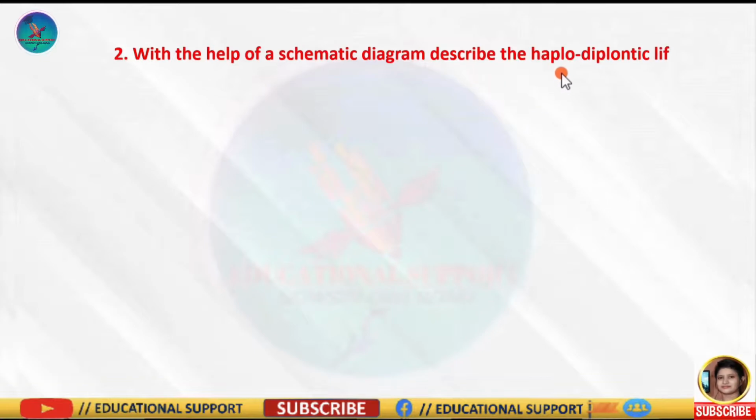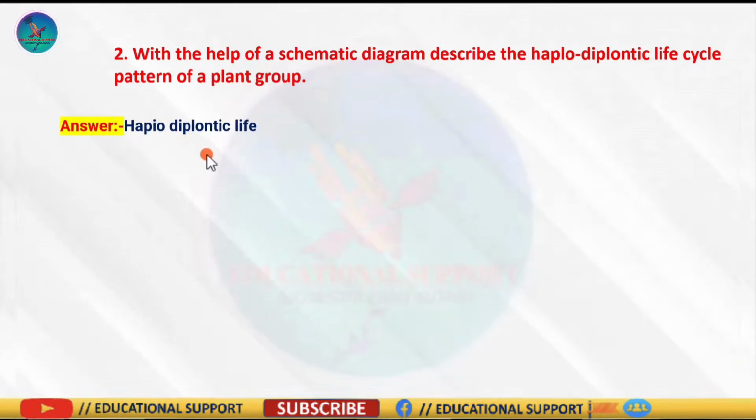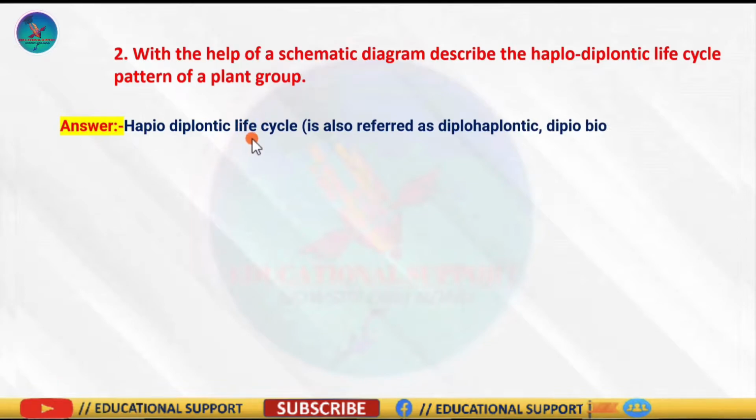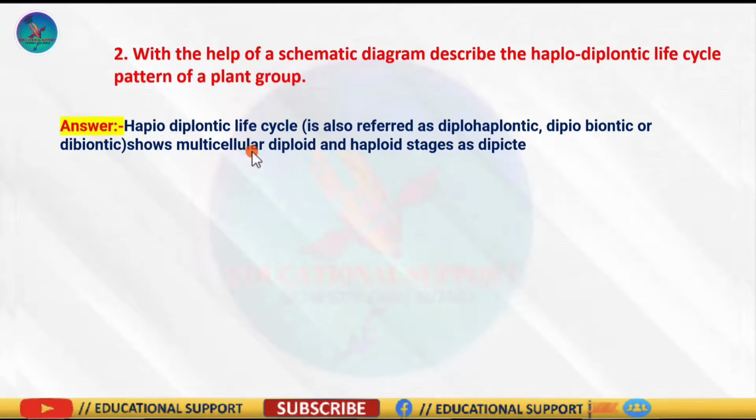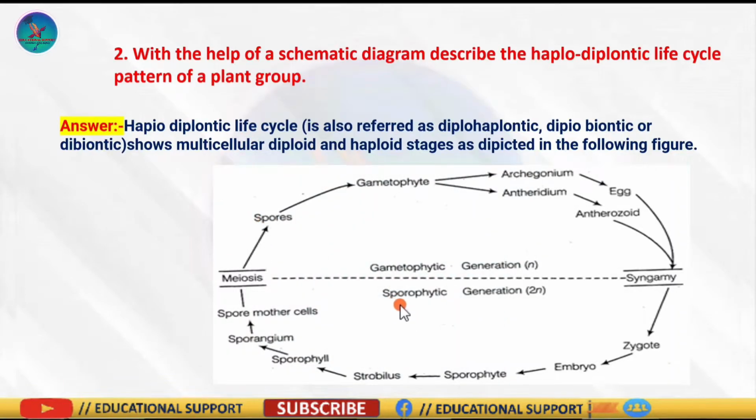Question number 2: with the help of a schematic diagram, describe the haplodiploidic life cycle pattern of a plant group. In a sexually reproducing plant, there is an alternation of generation between a haploid and a diploid phase of plant bodies. The haploid plant body is termed gametophyte, while the diploid plant body is called sporophyte.